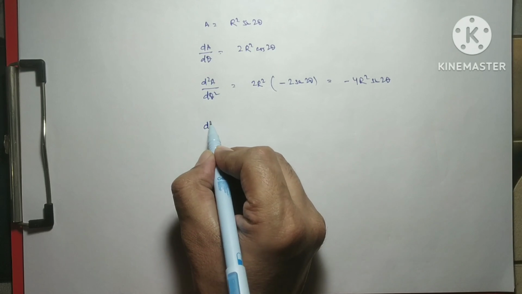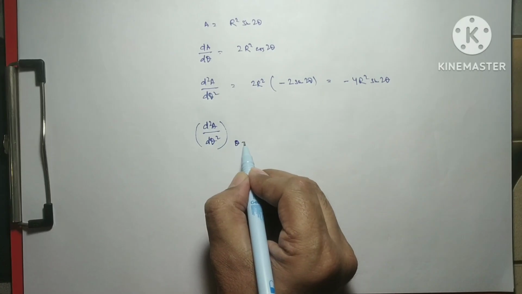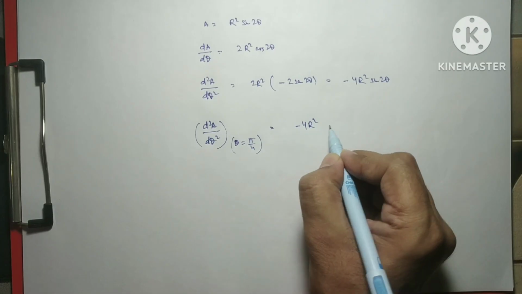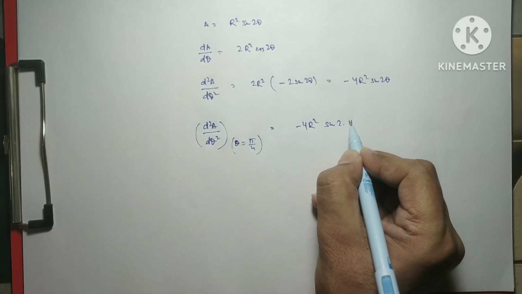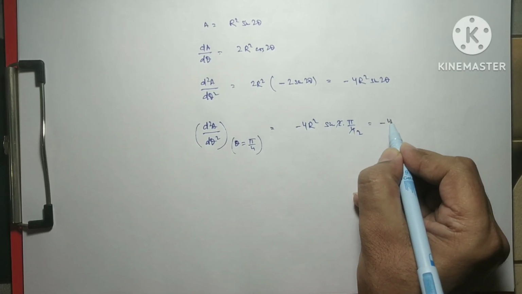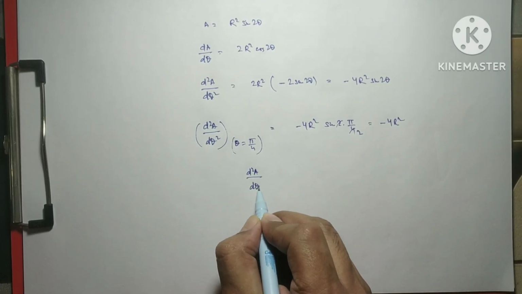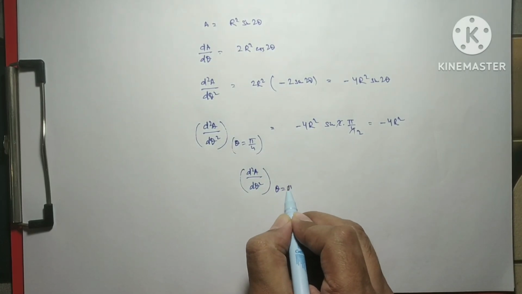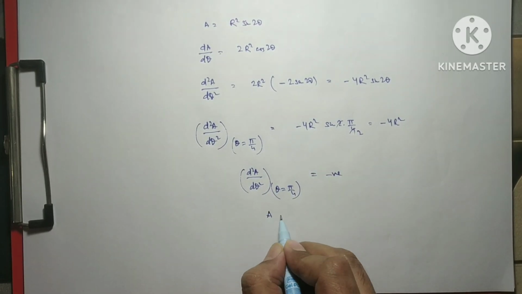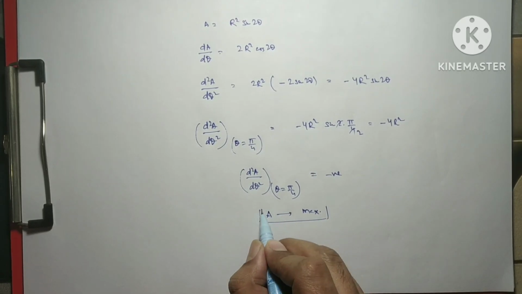So d2A over d theta square at theta equals pi by 4 will be minus 4r square sin 2 into pi by 4. So it is pi by 2, and sin pi by 2 is 1, so we get minus 4r square. It means d2A over d theta square at theta equals pi by 4 is negative, which indicates area is maximum. So this triangle shows the maximum area.